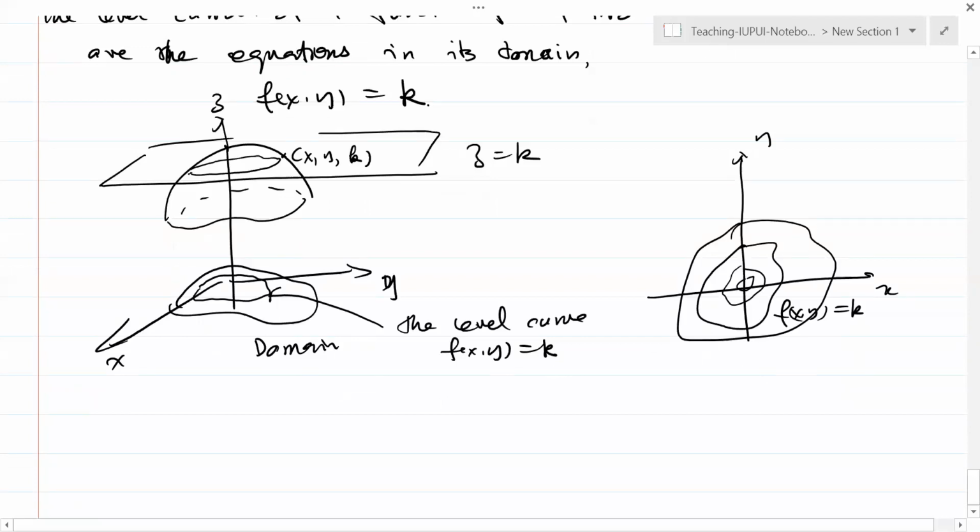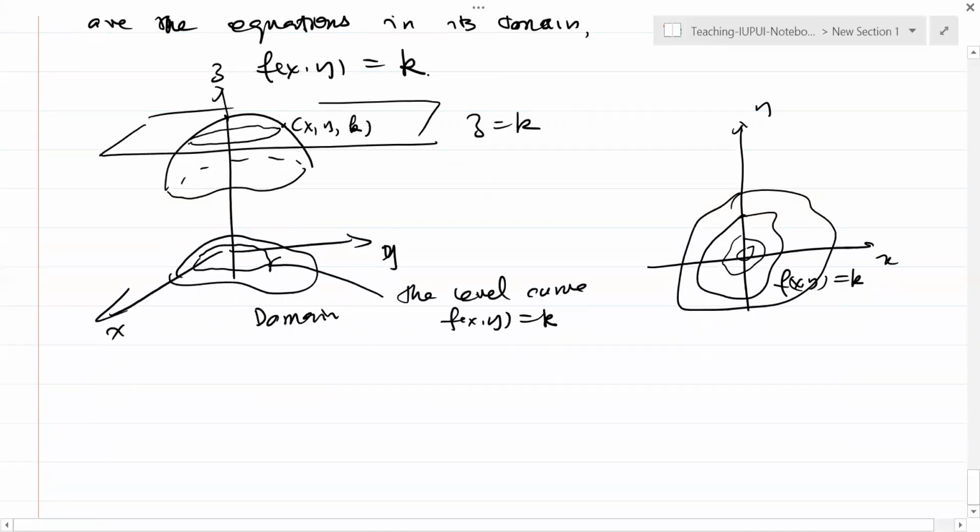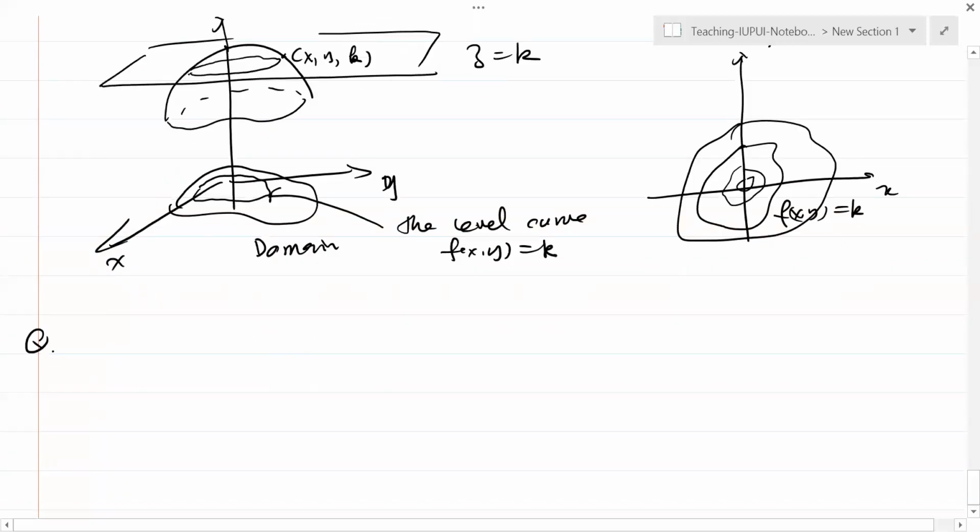That's why, in order to understand a three-dimensional object, you can use a two-dimensional map with level curves. Now let's take a look at these examples.